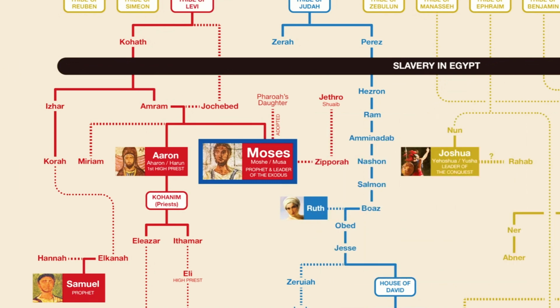They end up wandering in the desert for 40 years, though, at the end of which Moses passes on the torch to a man named Joshua from the tribe of Ephraim, who then leads the Israelites to conquer the land of Canaan, where they end up dividing the land amongst the 12 tribes, with the descendants of Aaron being appointed as priests.